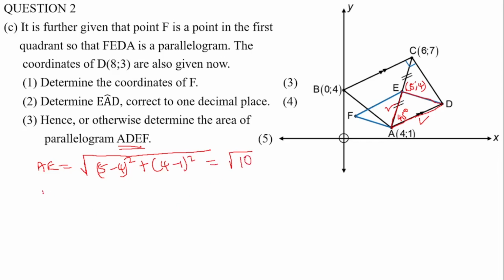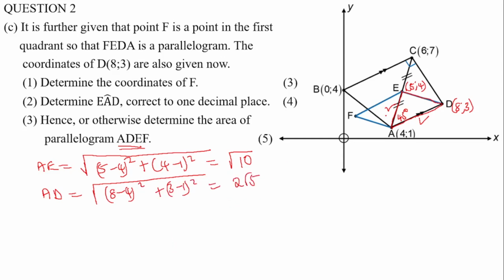Right? And then AD is equal to the square root of, we have the coordinates of D, remember, 8, 3. So we can say 8 minus 4 squared plus 3 minus 1 squared, which is 2 root 5.